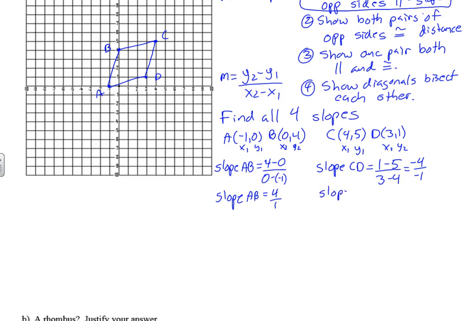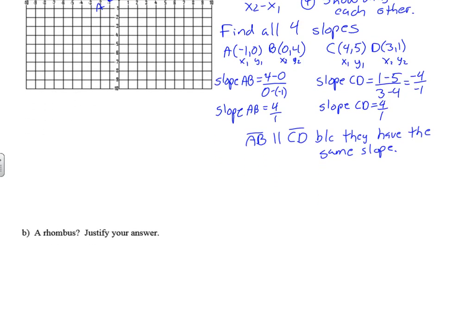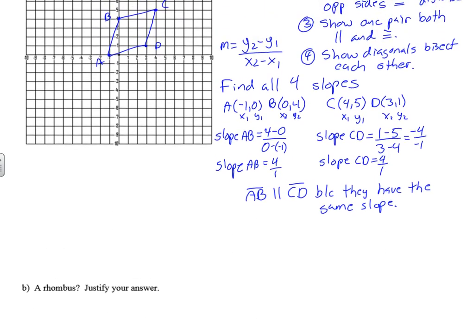Well, a negative divided by a negative is positive. So we have those two. Both of those have the same slope, so I'm just going to make a statement. I'm going to say AB is parallel to CD because they have the same slope. So we did our formula, we make our conclusion, okay?